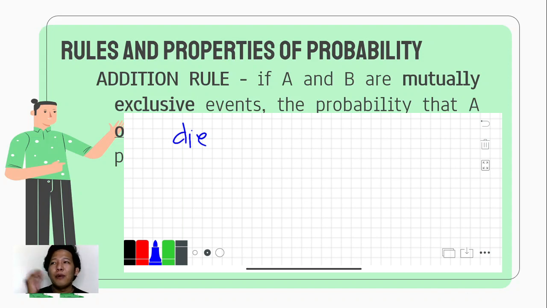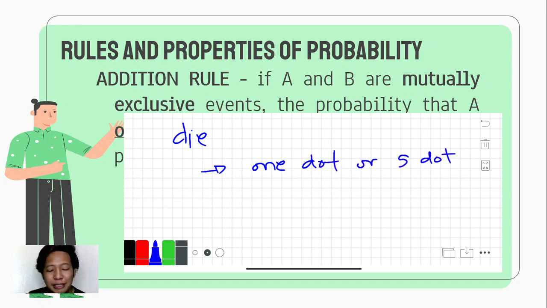We have one dot, two dots, up until six dots. Now, let's say for example, we are getting the probability of getting a one dot or a five dot. Okay? Hindi siya pwedeng mangyari at the same time kasi lalabas lang sa die ay isa lang. Either 1 dot lang or 5 dot.